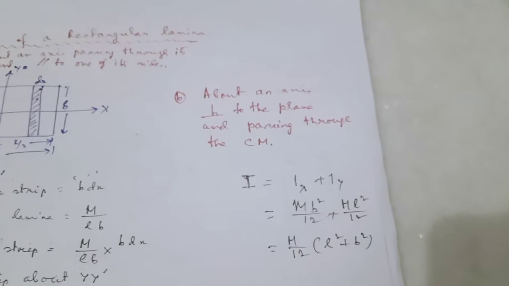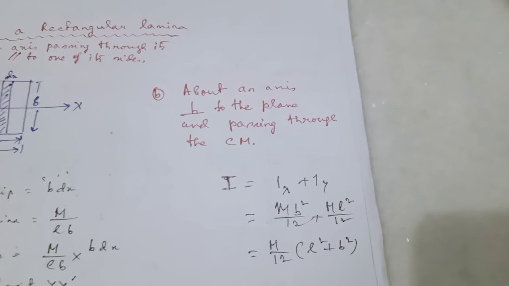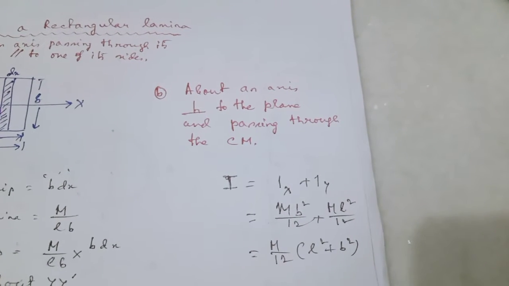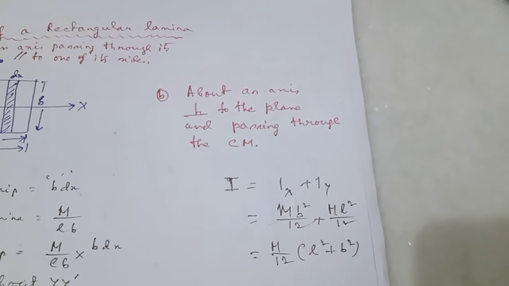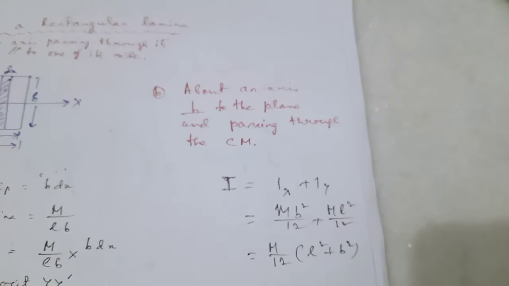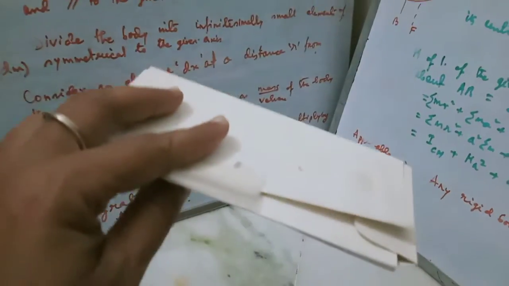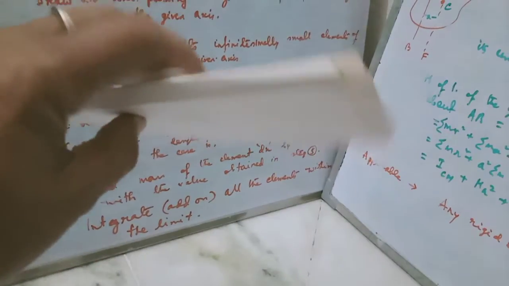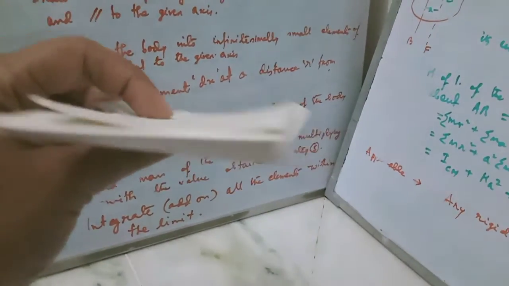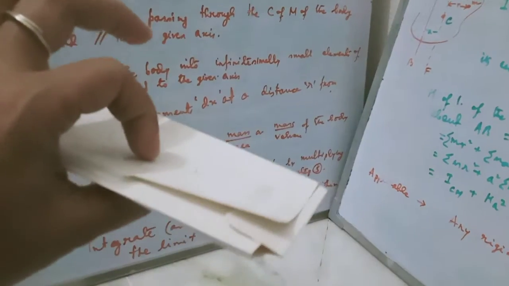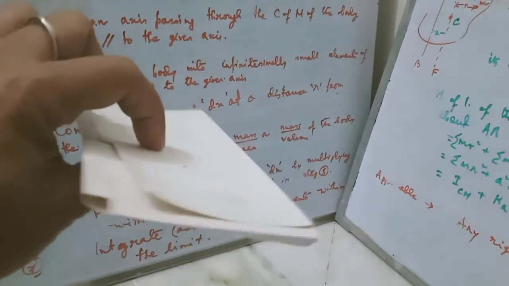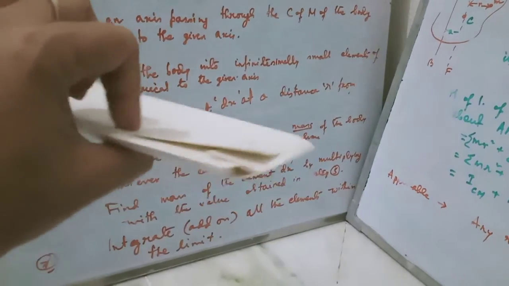Now if you are asked to calculate the moment of inertia about an axis perpendicular to the plane and passing through the center of mass, that means it is rotating in this manner. This is the axis of rotation, perpendicular to the plane, so the movement is in this manner.